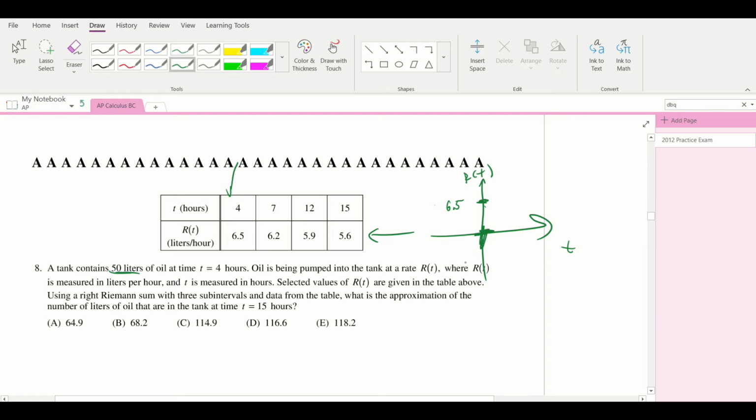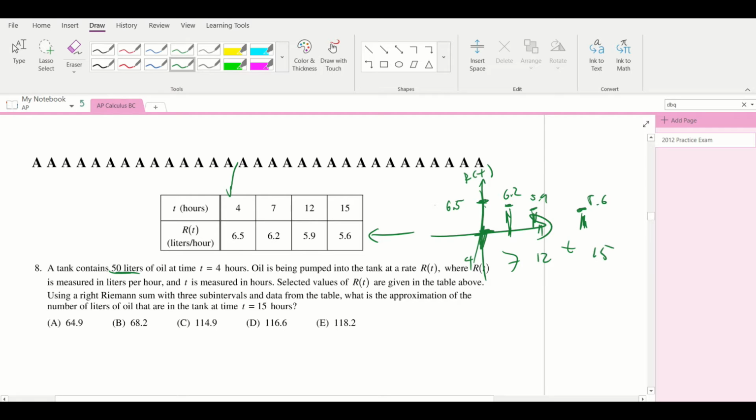And this is 4. So let's say this is 7, this is 12, and this is 15. And we have 6.2 here, 5.9 here, and 5.6 here, right? Since we're using the right Riemann sum, we don't care about this first part here. We only care about these values.